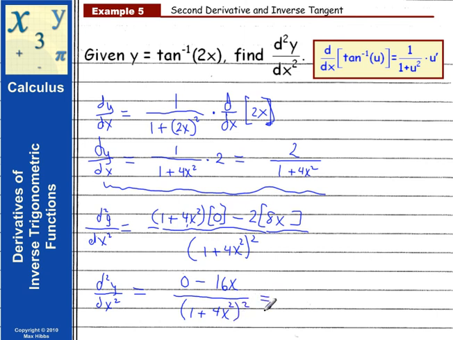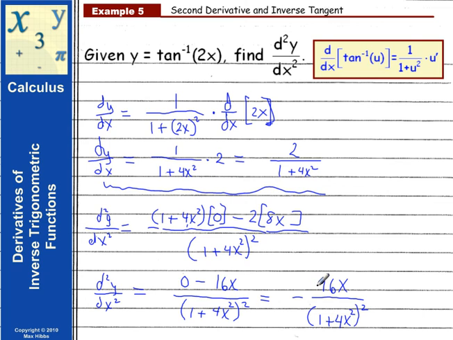And of course then we can see that we can simplify this entire fraction as negative 16x over 1 plus 4x squared, the quantity squared. And notice that I put the negative in front of the fraction.